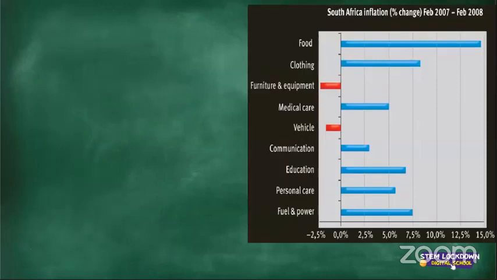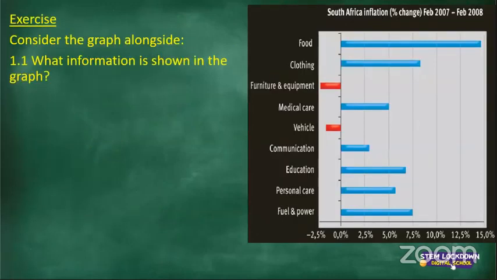And then now, this is an activity we are working on now. It's taken from Via Africa Mathematical Literacy Grade 12. Consider the graph alongside. What information is shown in the graph? Let's look at this graph together.